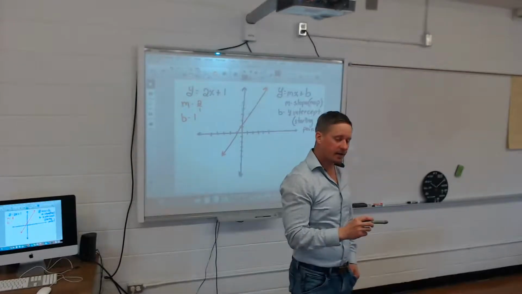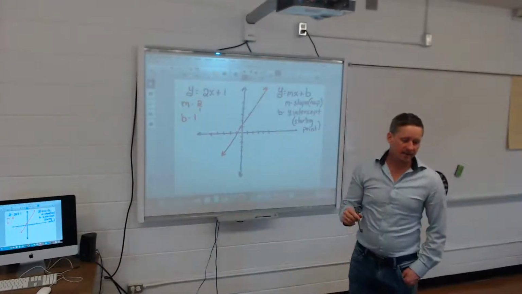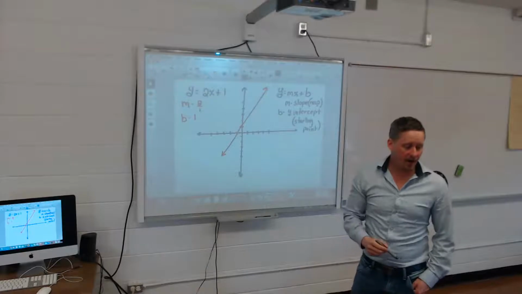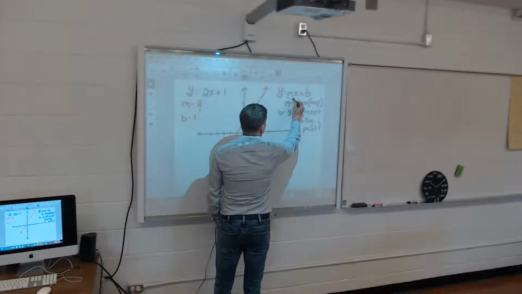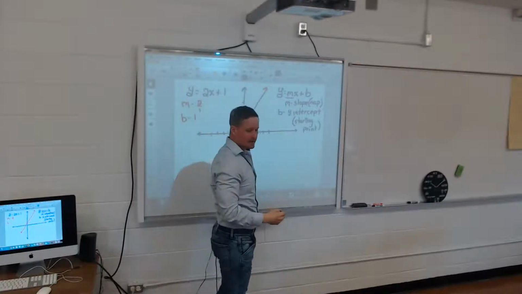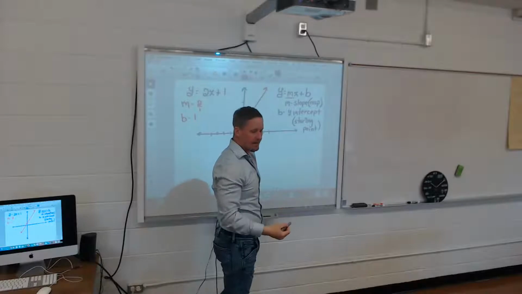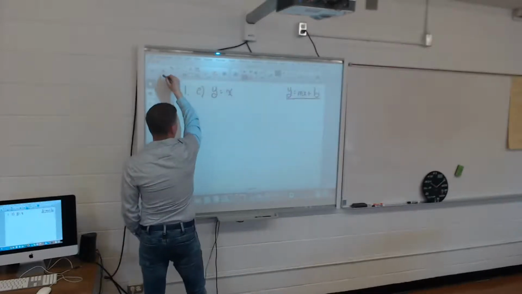Let's say, rather than right after y, it's directly in front of the x. Can we do that? Okay, so whatever the value is directly in front of the x is my m value. That's my slope. So let's try this again.